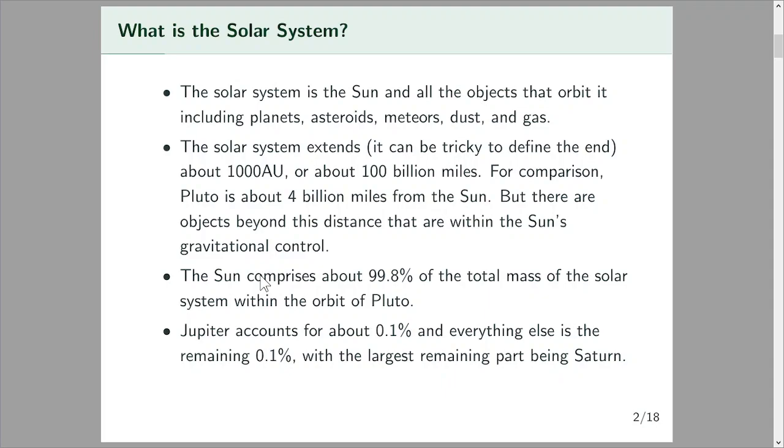In other words, there's the Sun and a bunch of little stuff. Jupiter accounts for half of what's left. So Jupiter is about 0.1% of the remaining 0.2%, and that leaves 0.1% for everything else in the solar system: Saturn, Uranus, Neptune, Earth, Mars, Venus, Mercury, all the asteroids and whatever comets and other debris are inside that range.